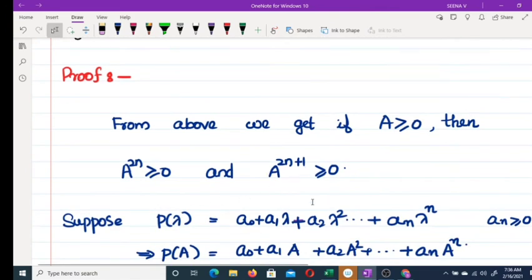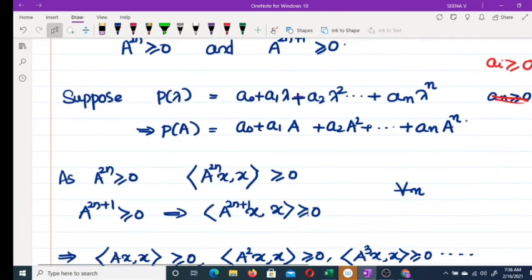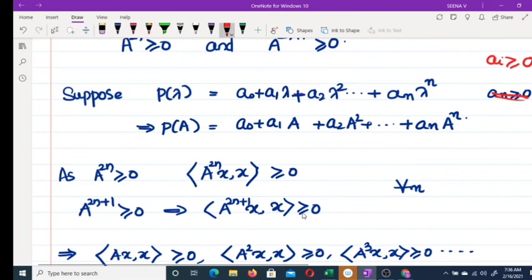Suppose p of lambda is any polynomial of degree n, and here we have given all a_i are non-negative, that is a_i greater than or equal to 0. So what about p of A? p of A is actually a_0 times I plus a_1 A plus etcetera plus a_n A raised to n.